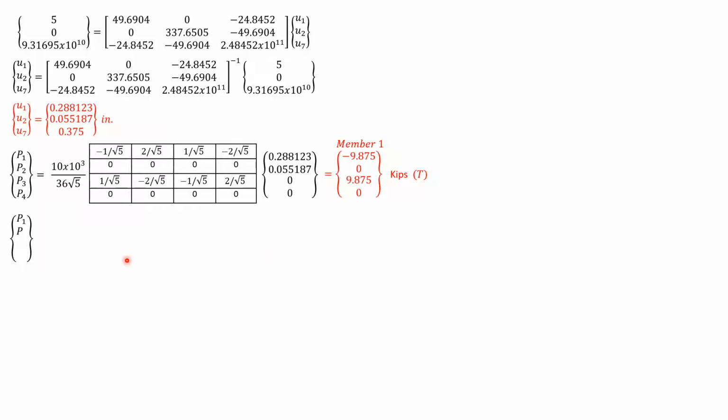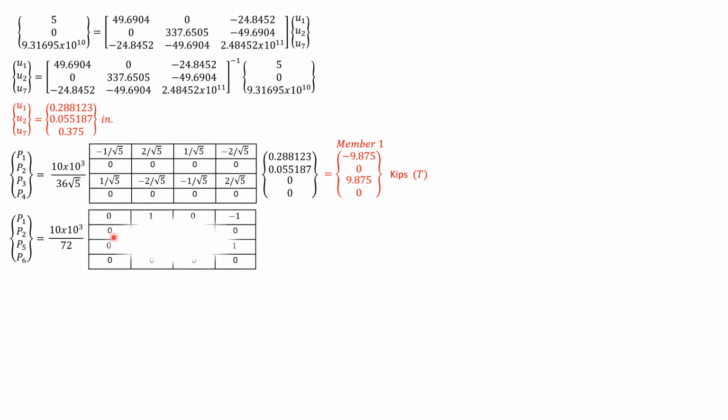Member 2, P1, P2, P5, P6. Remember the cosine is 0, the sine is 1. So area 1 times E 10 times 10 to the third kips per square inch divided by length 72 inches, multiplied by its cosine 0, sine 1, then their negatives, 0, negatives of row 1, then 0.